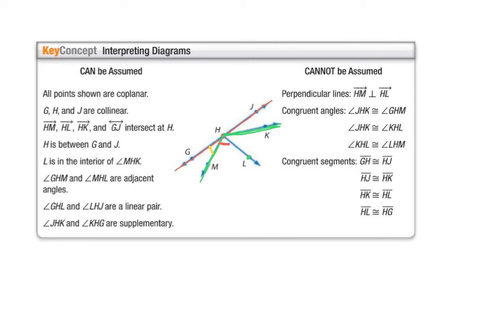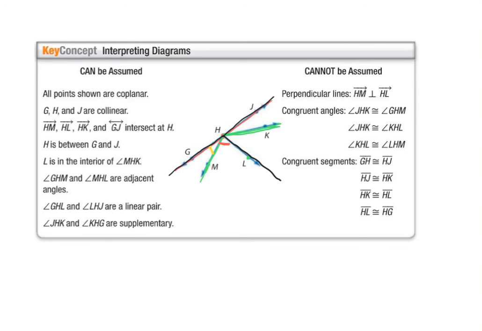GHL and LHJ form a linear pair, and because it's a linear pair, they are also supplementary.